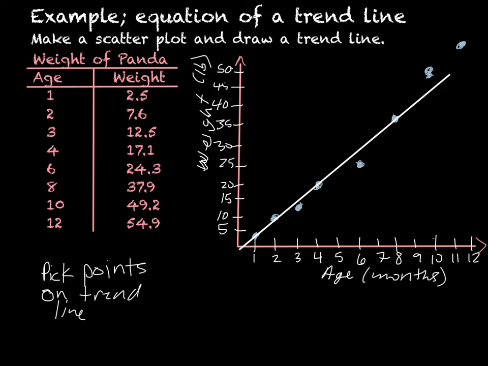So if I were to pick some points on this line, I would maybe pick this point and this point both seem to be on the line. This first point seems to be on the line too. But if we pick these 2 points, pick the point 4, 17.1, and the point 8, 37.9.